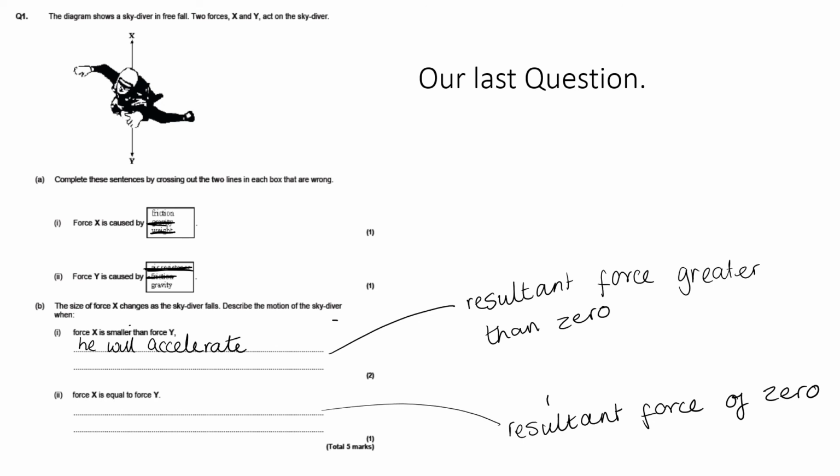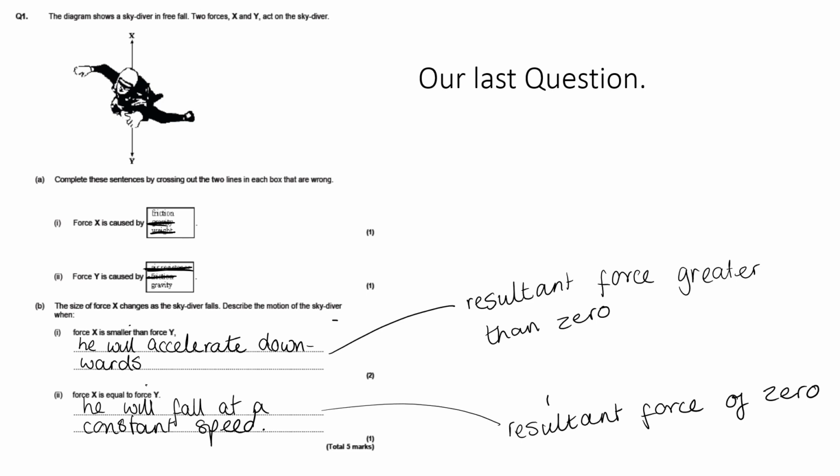You could add downwards. Force X is equal to force Y. He will fall at a constant speed.